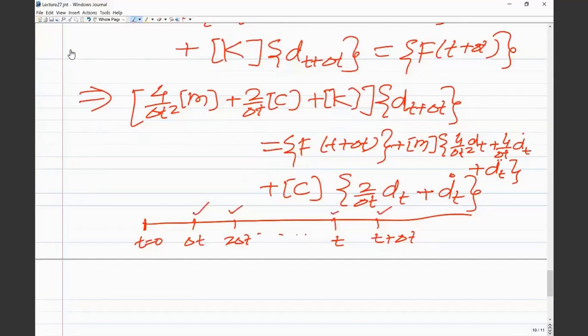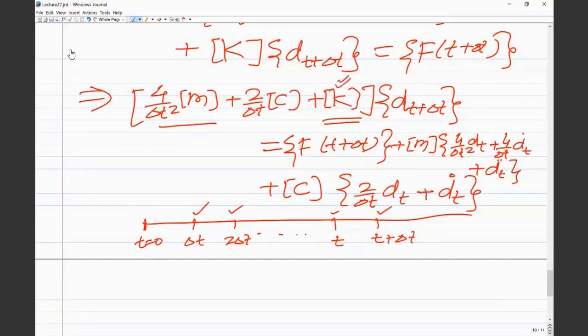But now the difficulty you will see: the mass matrix can be diagonalized, and sometimes the damping may be absent. But even if you use the diagonal mass matrix and the damping is absent, this K is there on the left hand side in the coefficient matrix, and K cannot be diagonalized, because the restoring forces have to be represented correctly, and for correct representation of restoring force we will have to use K as it is.